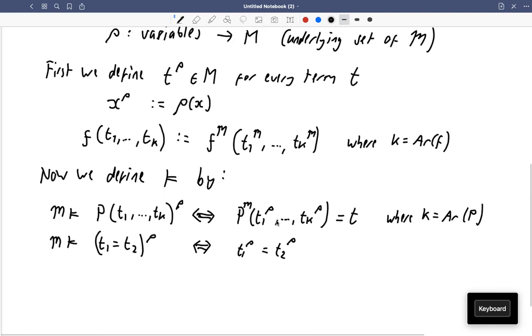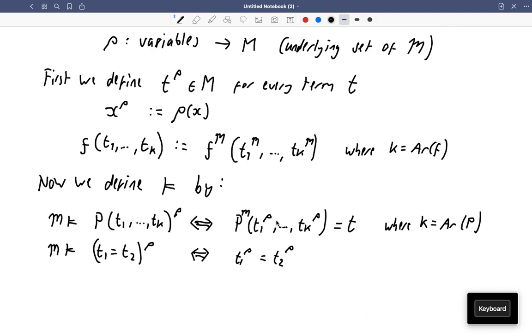And maybe just going back a bit, one might be very strict here and say we're interpreting t according to the environment assigning values to variables, so according to that environment rho, but actually we're really interpreting it in the structure M. So one might also put a superscript on here.